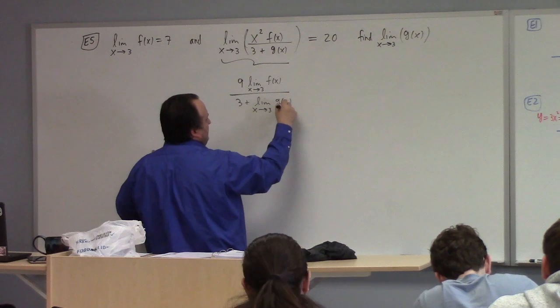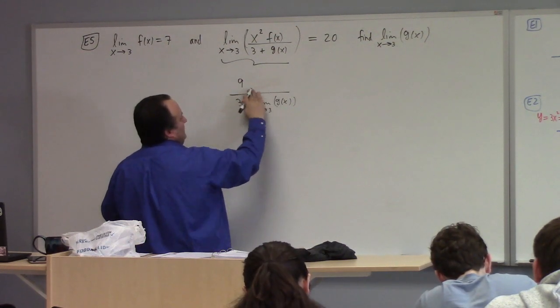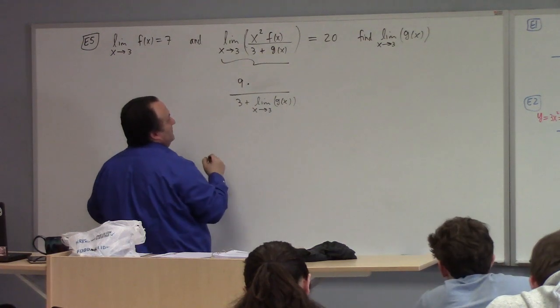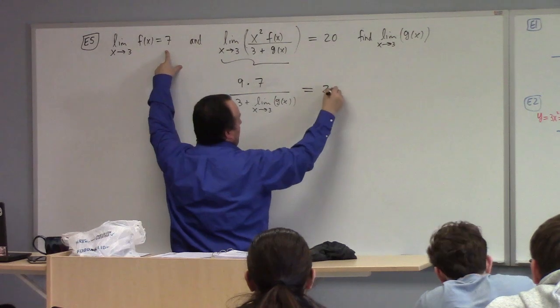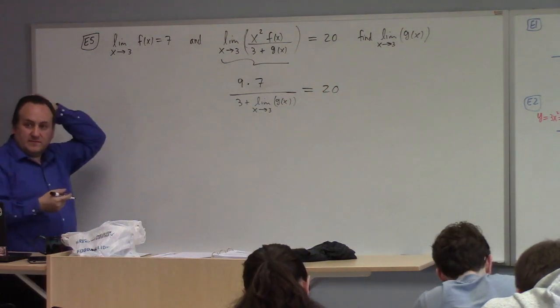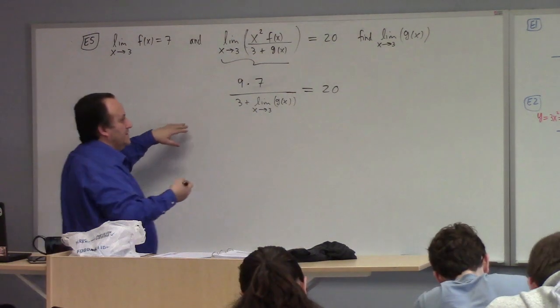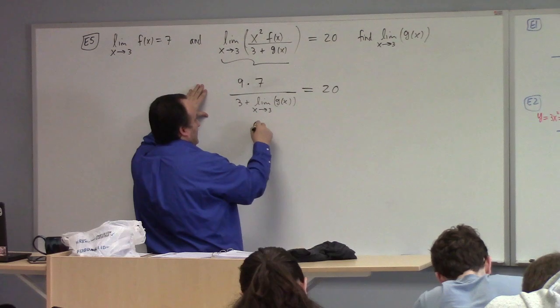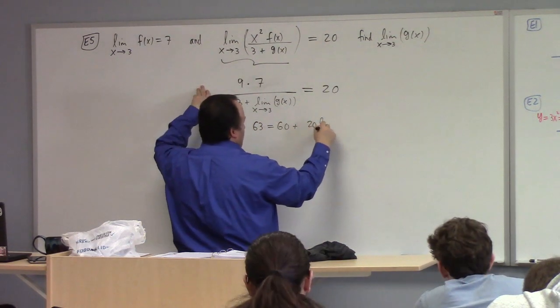Let's simplify our lives. What is this on top? 9 times 7, and that's equal to 20, because that's given. So then solve for the limit. Just do algebra basically. So I've got 63 is equal to 60 plus 20 times the limit of g.